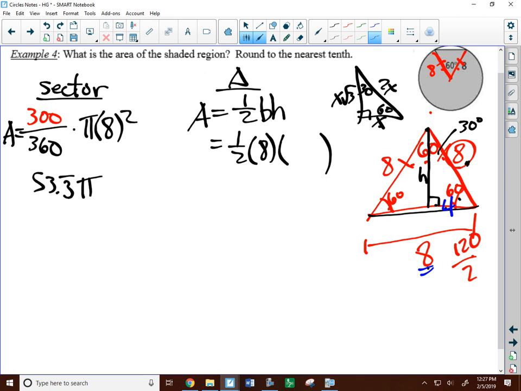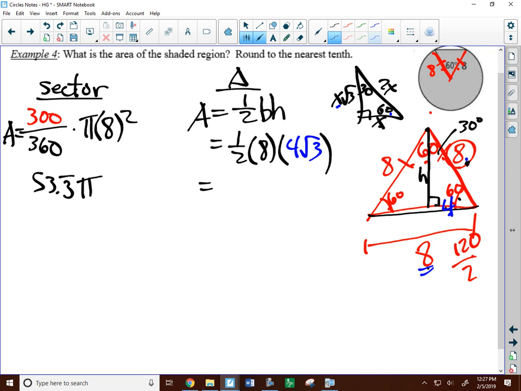Here, if you wanted, you could do Pythagorean theorem with the 4 and the 8. But since we know 30, 60, 90, we're just going to say it's 4 radical 3. Okay. So that one does take a little thinking to map it all out. Isosceles became equilateral, had to draw in the height and do some right triangle stuff to figure it out.